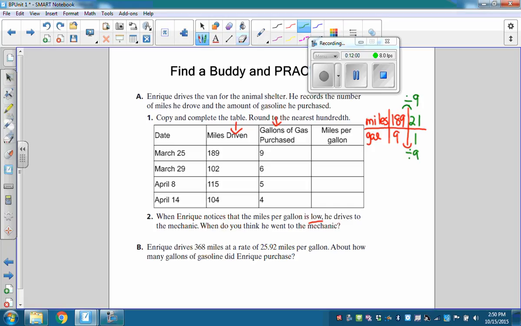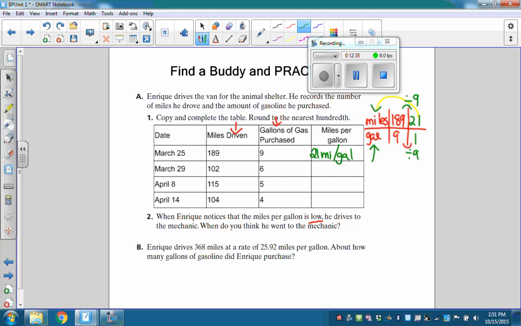So, Andrea, what's the unit rate? 21 what per what? 21 miles per gallon, right. 21 miles per gallon.